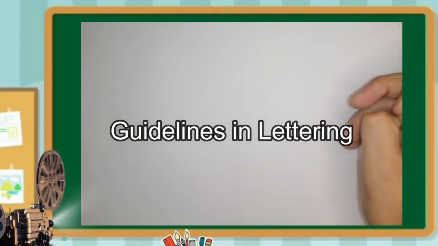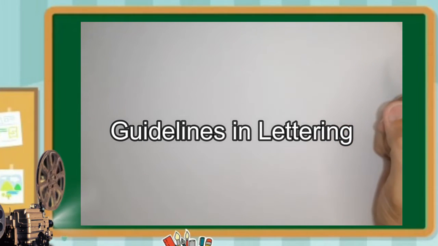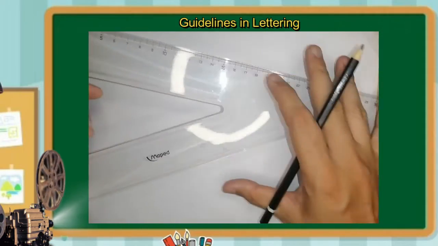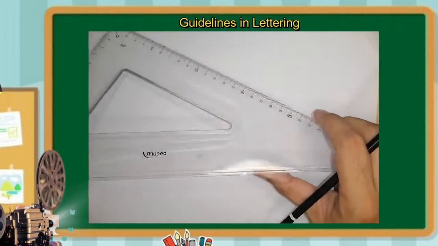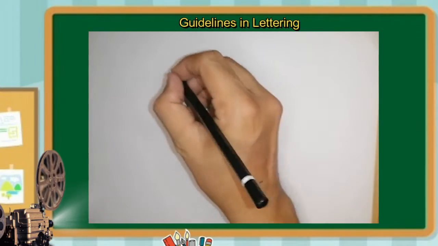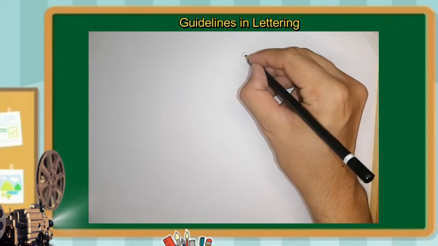So for this topic, we will be discussing the 4 guidelines in lettering which are important in creating good letterings. In creating guidelines in lettering, it is very important for you to use any straight edge. So in this case, I will be using a triangle. Okay, so what are the guidelines in lettering? Discuss natin what are the different guidelines in lettering.